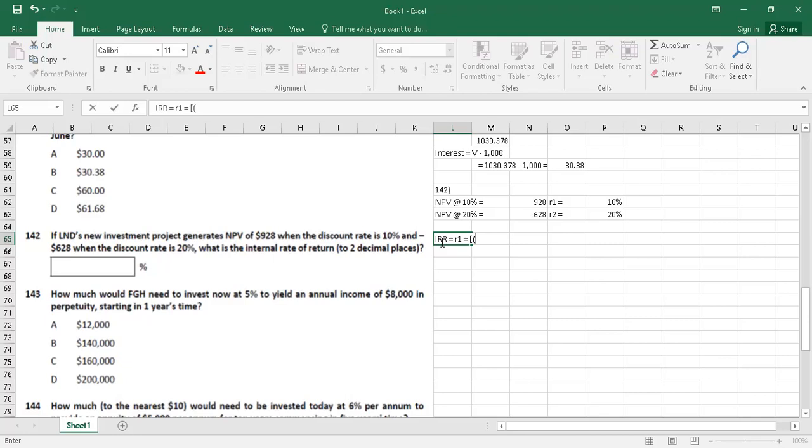So NPV1, the entire thing divided by the difference between NPV1 minus NPV2. Okay, this is one fraction. This fraction is multiplied into the difference between R1 and R2. See, this is delta.